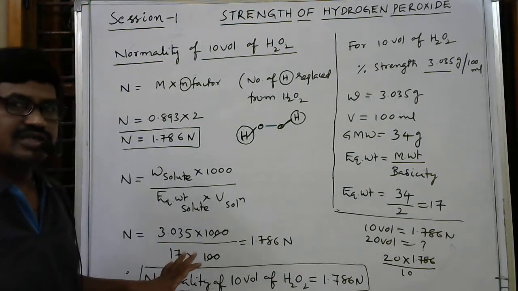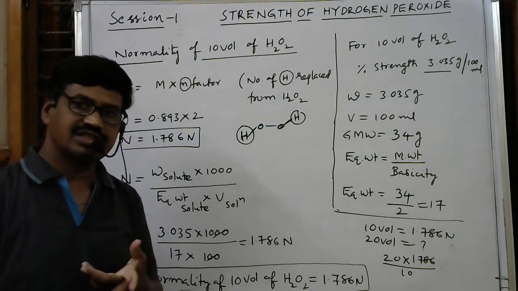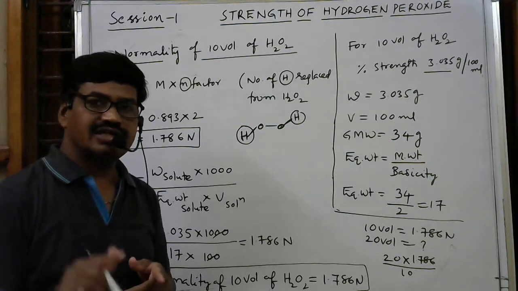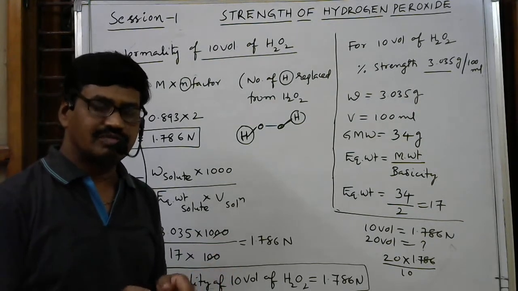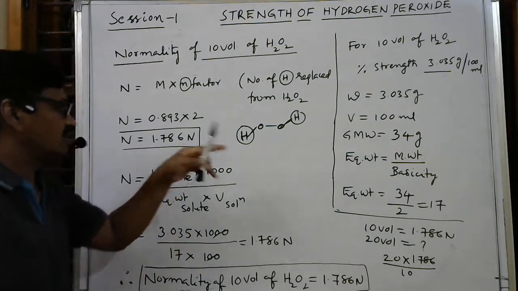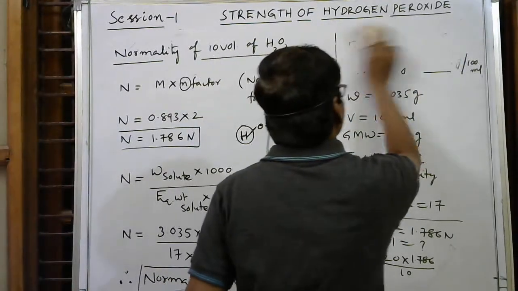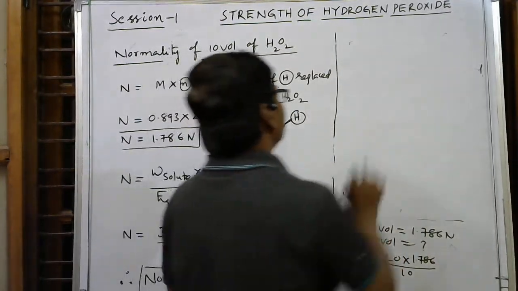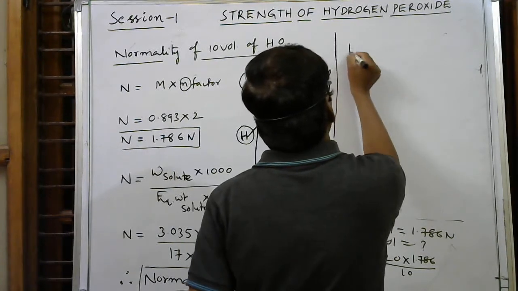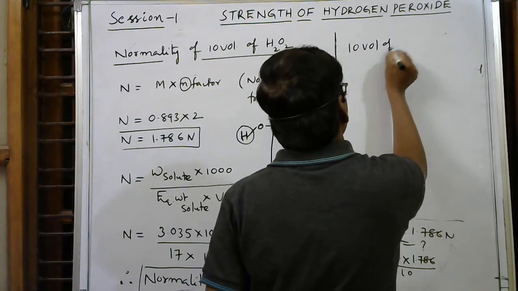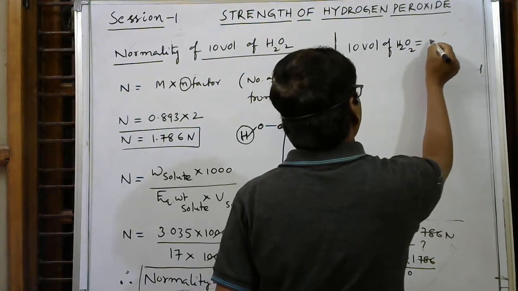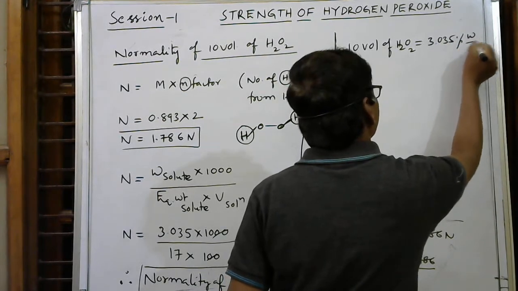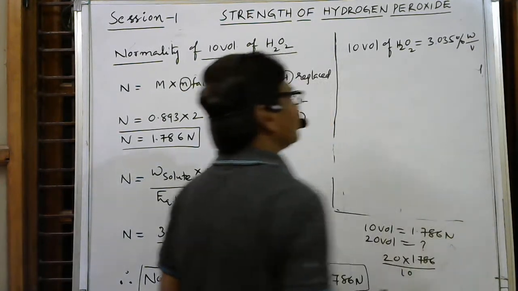This is about normality. So now you got 4 terms: one is the percentage strength, other one is volume strength, then molarity and normality. So these 4 things you have to remember. Here I am writing the 4 things. I think you got it. So here I am writing. See here, 10 volumes of H2O2 equal to 3.035 percentage W by V. It is percentage strength.